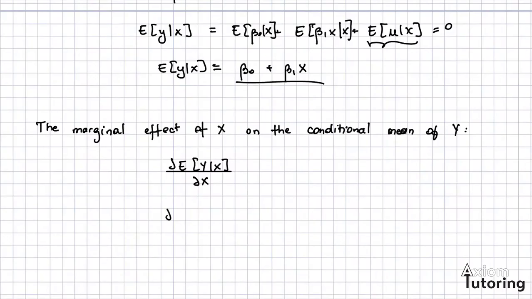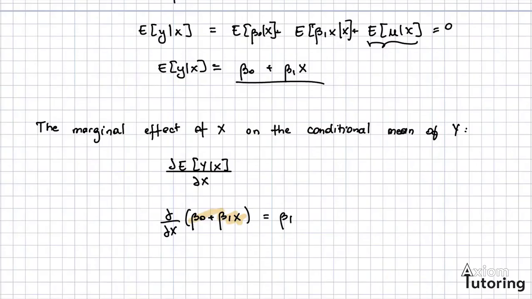So it means you're finding the derivative with respect to x of beta 0 plus beta 1 x. And clearly, the derivative of this entire expression with respect to x is simply beta 1.